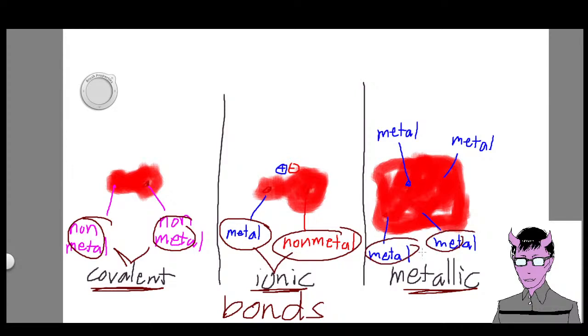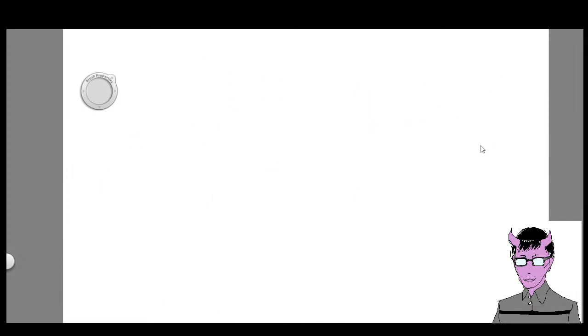And then metal to metal is basically referred to as the electron sea model. But we've got to dive a little bit deeper into why there are some atoms that are quote-unquote greedier than other atoms. All right, let's go to a crudely drawn periodic table right here.